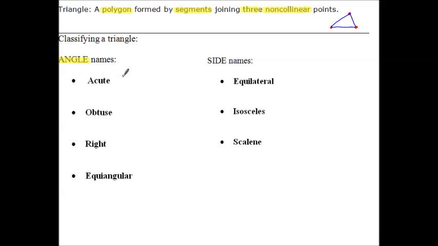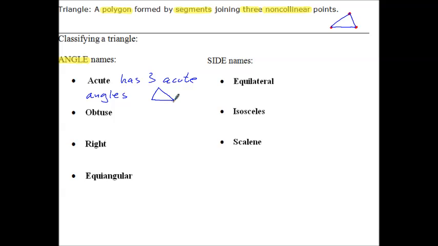An acute triangle has 3 acute angles. So let me draw you an example. And when you draw it on your notes, make sure that all 3 angles are really acute.